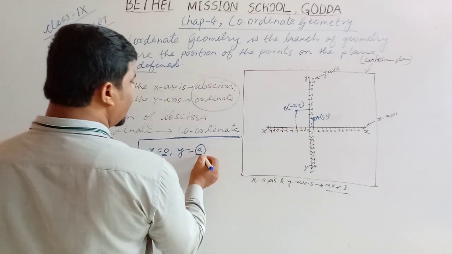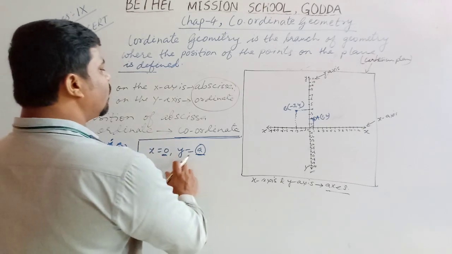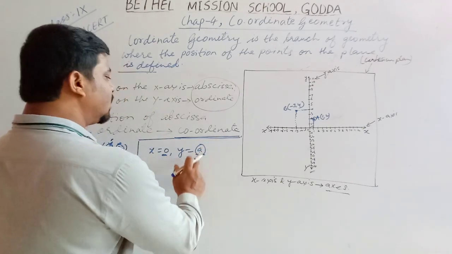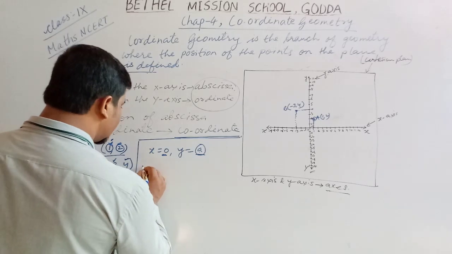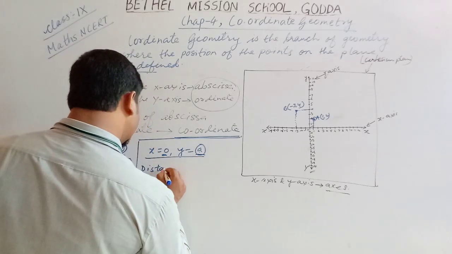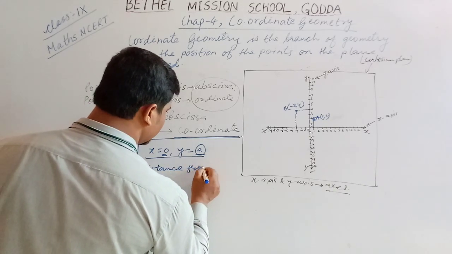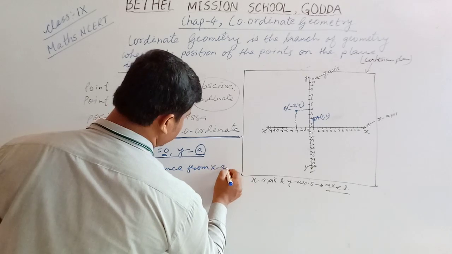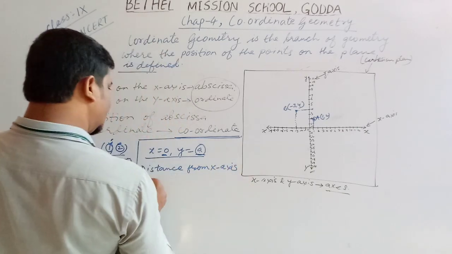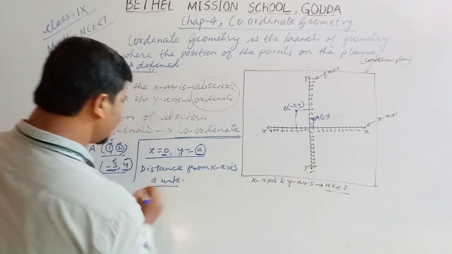And y equals a means the distance from the x-axis is a units.